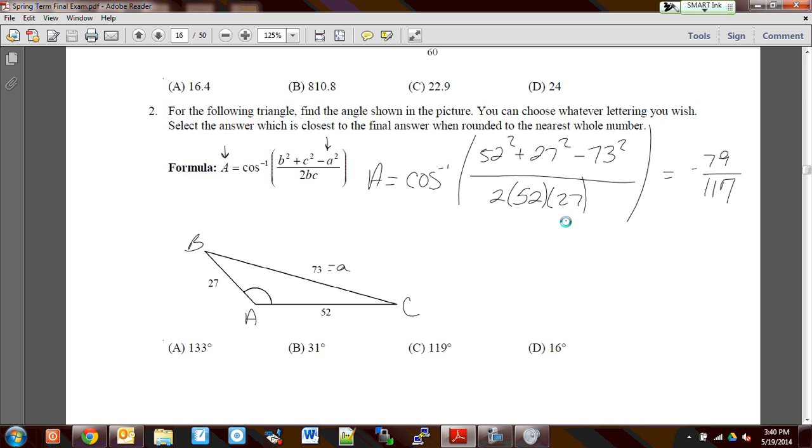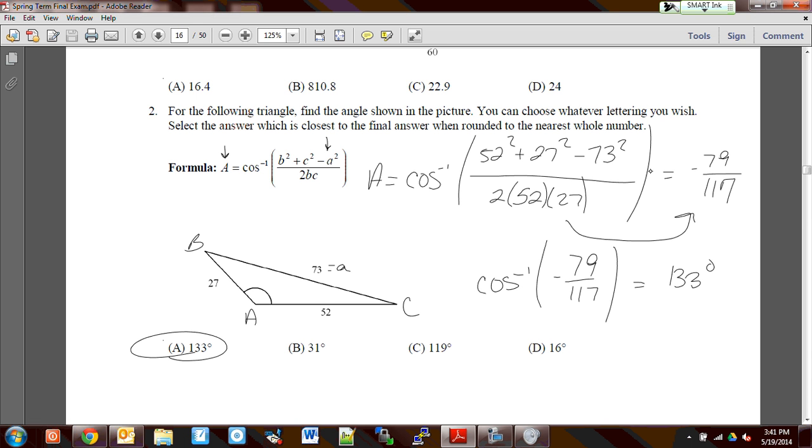Well, sorry, that's what the parentheses equals. So now we're going to do the inverse cosine of negative 79 over 117. Okay, so inverse cosine of that, and it says rounded to the nearest whole number, so it looks like it's going to be 133 degrees.